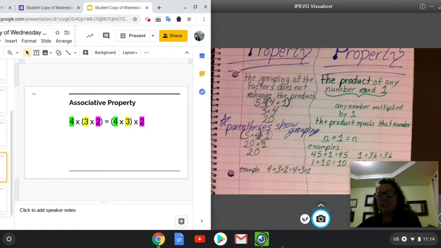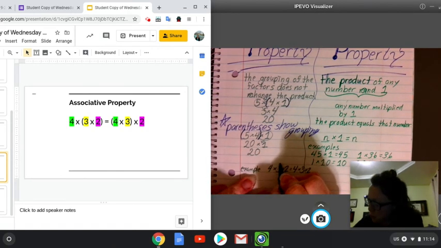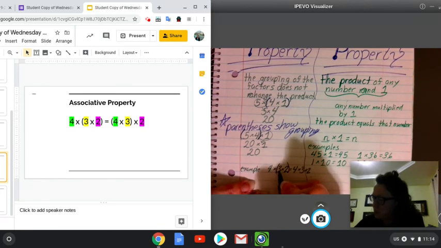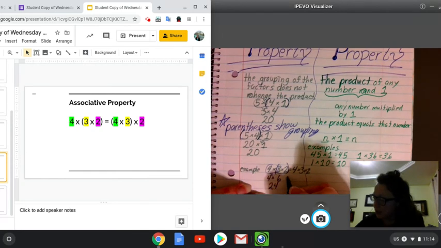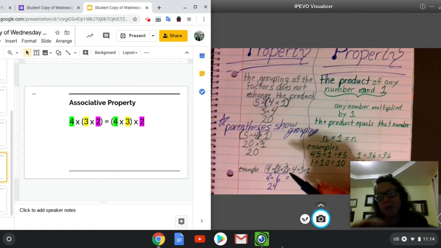But they have a little bit different grouping if you look, because in the first one, they've grouped the 3 and the 2, which means I can do 3 times 2 is 6. Bring this down, and 4 times 6 equals 24.